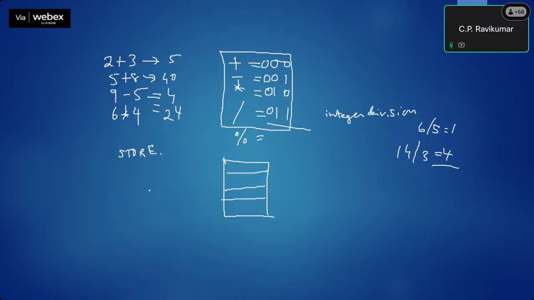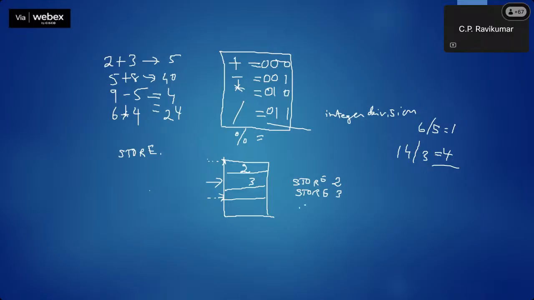So when you say store 2, the value 2 will be stored on the stack and the pointer will move here. Initially the pointer was here. Now after store 2, then store 3 will store 3 and move the pointer.